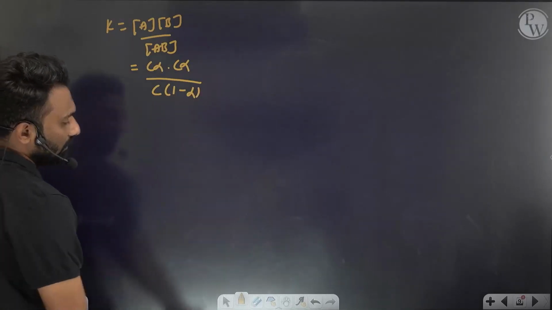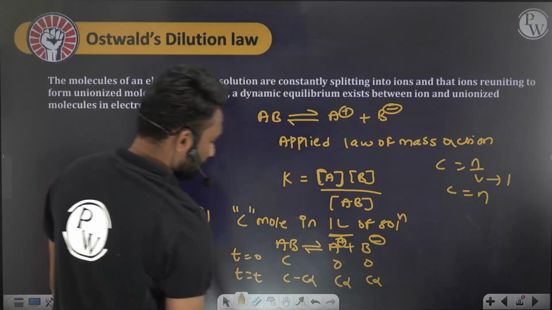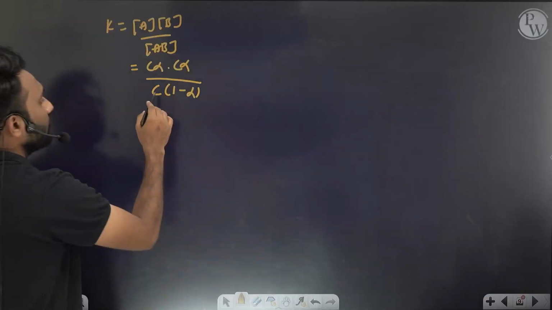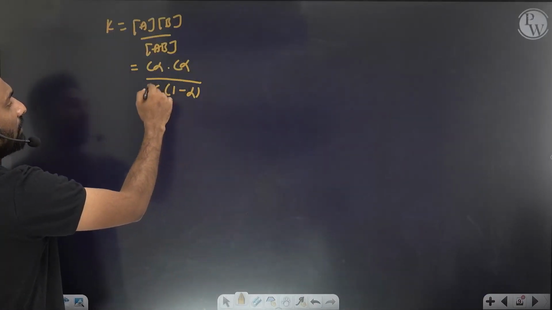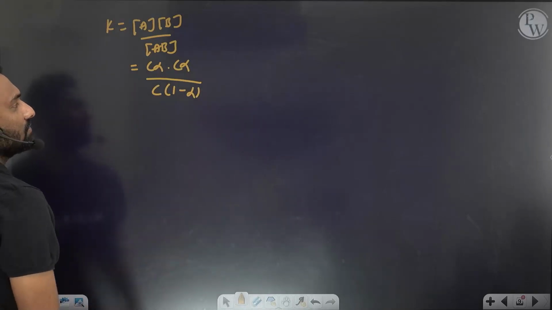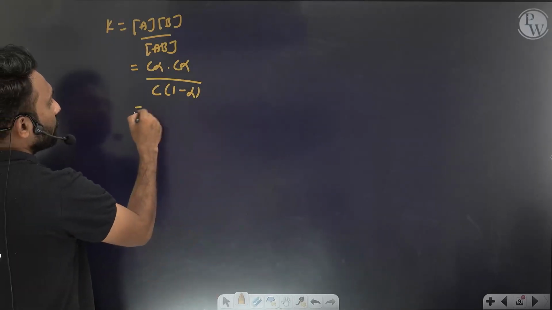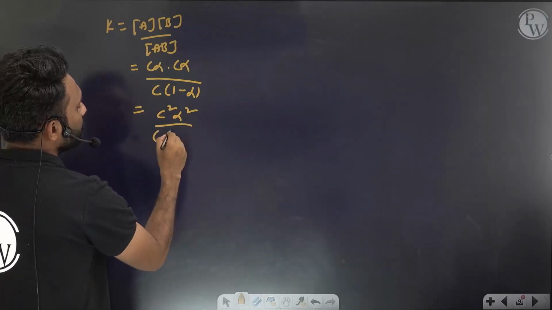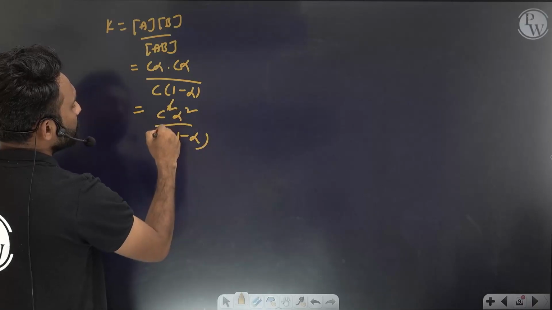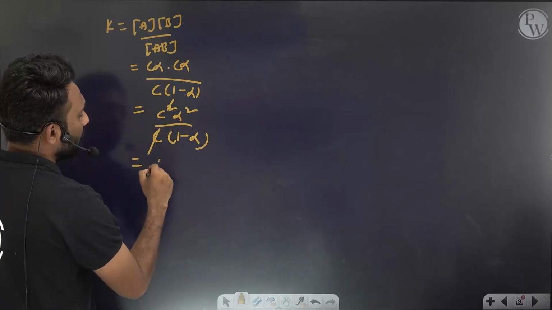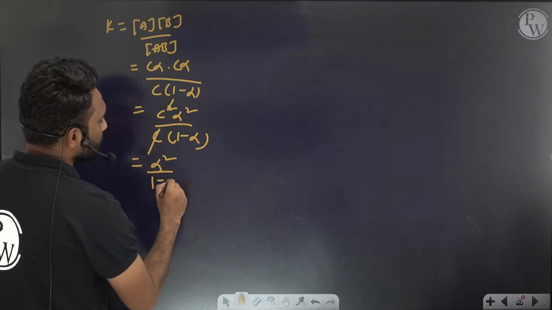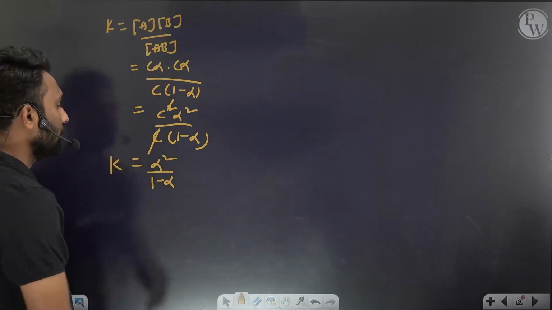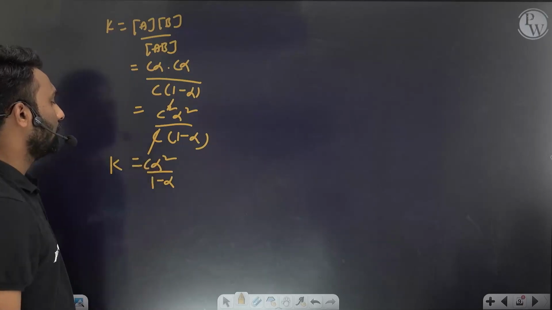Can I write like this? C into C alpha, by C minus C alpha, which is the same as C into 1 minus alpha. Then it becomes C square alpha square by C into 1 minus alpha. Now one C gets cancelled, then it becomes C alpha square by 1 minus alpha.